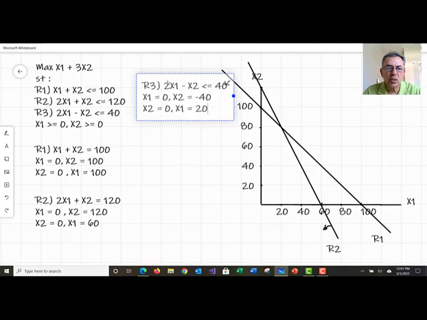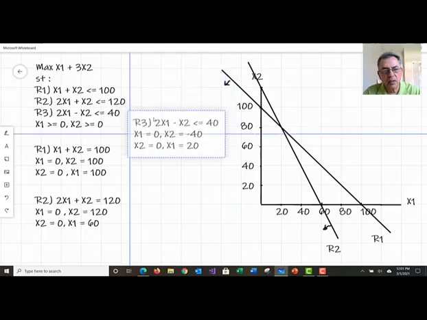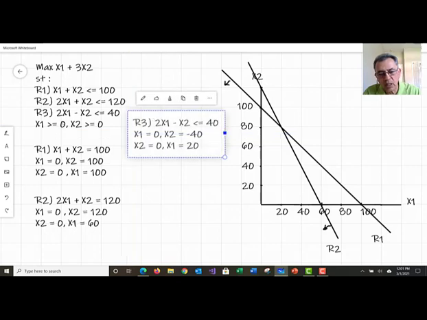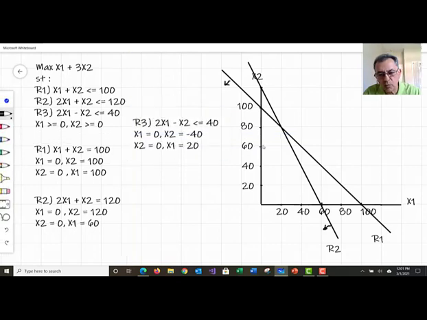Let me just move this a little bit over here so that we are not crowding. So let's find out those 2 points and connect them together. x1 equal to 0, again it's right here. x2 minus 40, it's down here. Oops, I didn't mean to do that. So that's the first point right there.